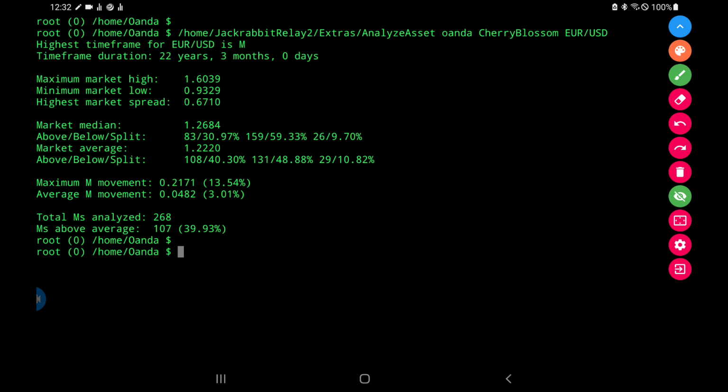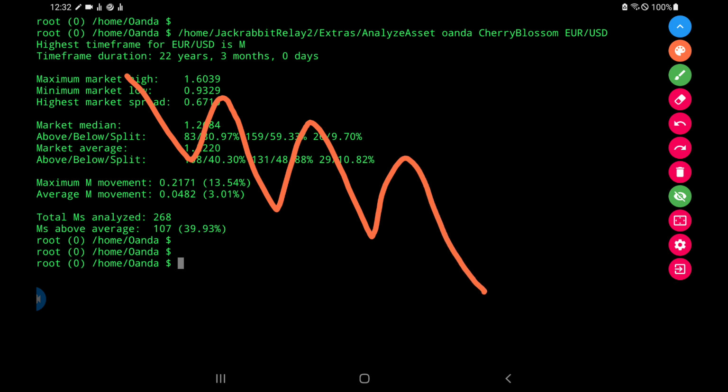That is, these two indicators tell you that the market is predominantly going downward. Throughout the whole history of the market, it is predominantly a downward slide.